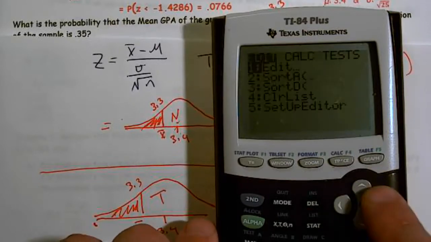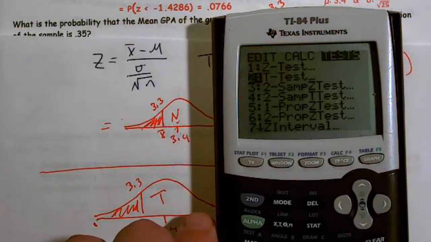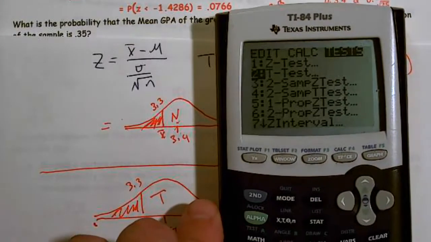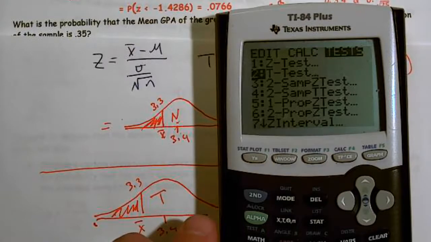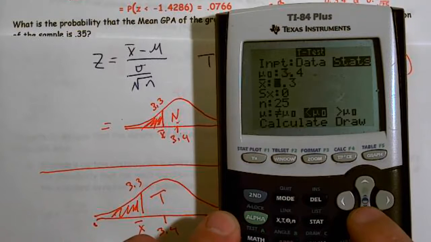So stat, test, and I can go to a t-test, press enter. Mean is 3.4, the x bar is 3.3, our standard deviation is 0.35, N is 25.